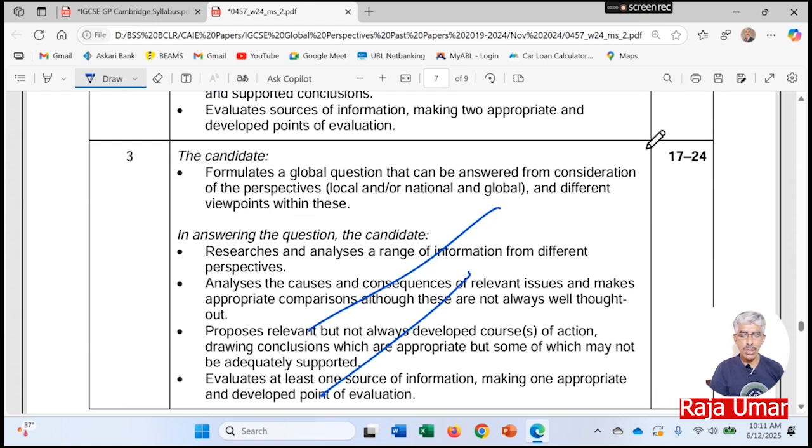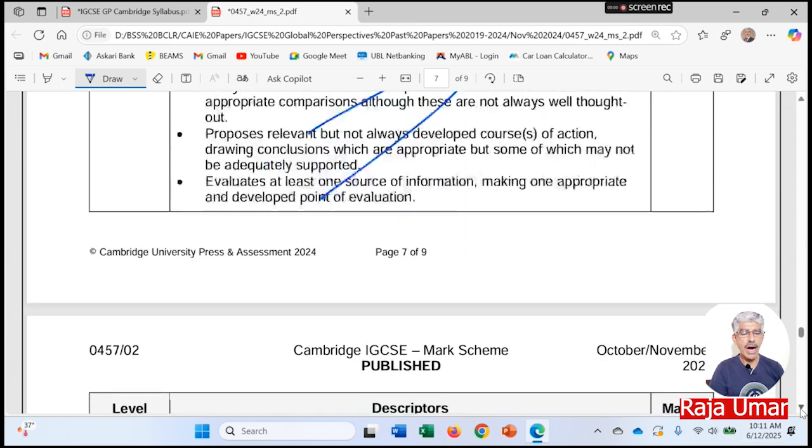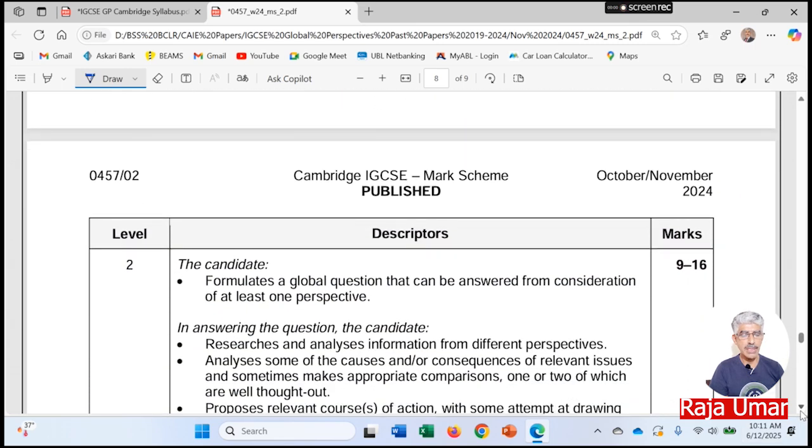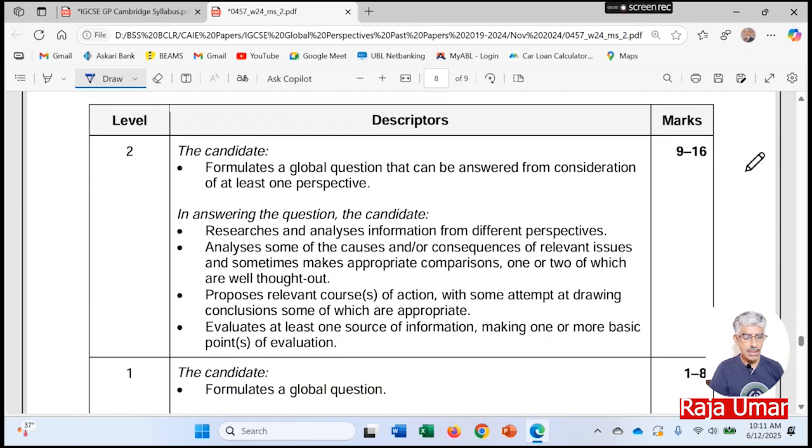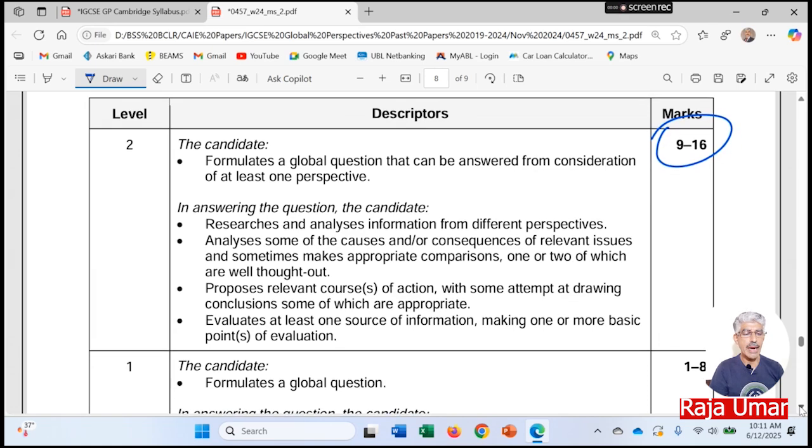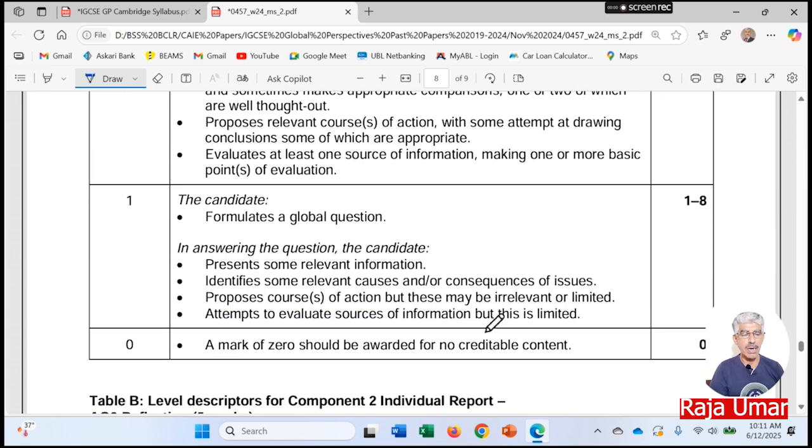And further lower, level 2, you might be getting only 9 to 16 marks out of 40 for assessment objective 1. And when you haven't done anything good in your report, you might be getting only 1 to 8 marks out of 40 in assessment objective 1.